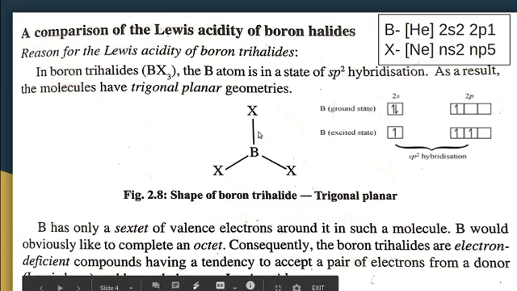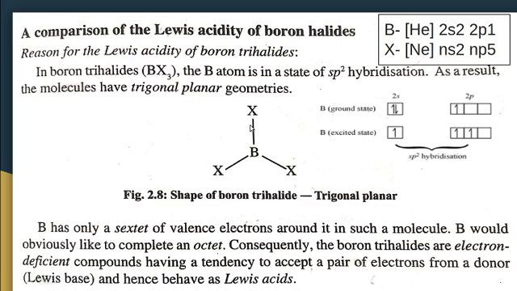So there are three bonds, and one bond has two electrons. So there are 6 electrons around the boron atom, formed by the sharing of bonds between boron and halogen atoms. So it can accept a pair of electrons in order to attain the octet configuration. So it can act as a Lewis acid.